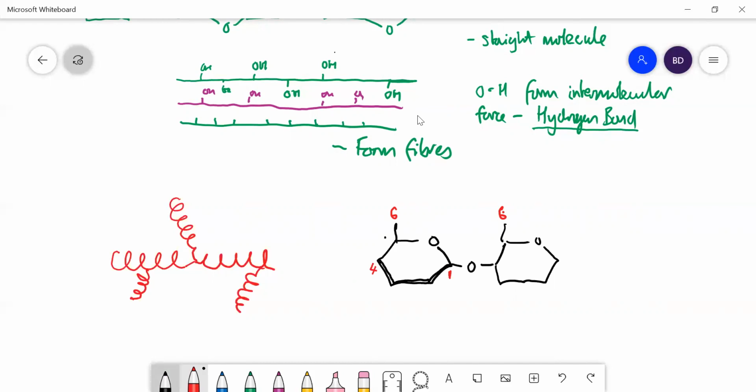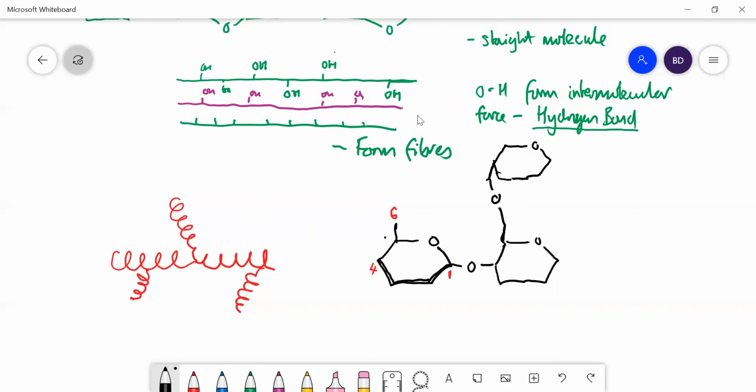So if I draw another glucose here, sorry, that's not the right one. That's number 4 there. There's an OH there. You've got an OH on number 6, and those two together can form a glycosidic bond. You lose water there. I'll just draw that. And so you're going to get a linkage between there, forming a side chain.